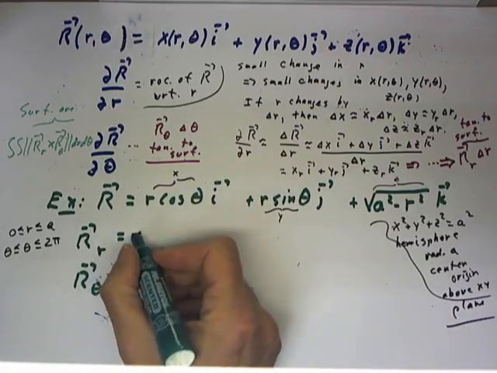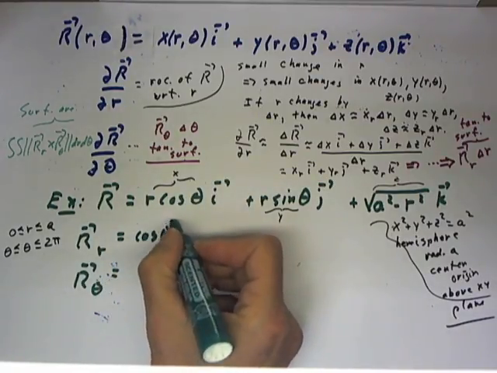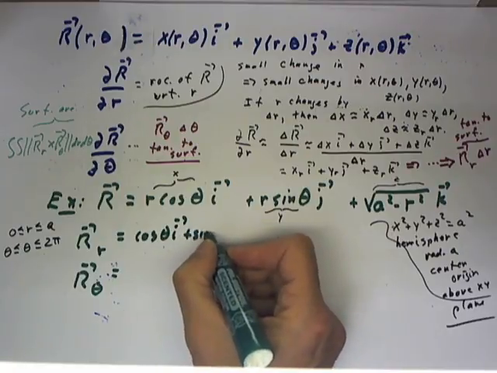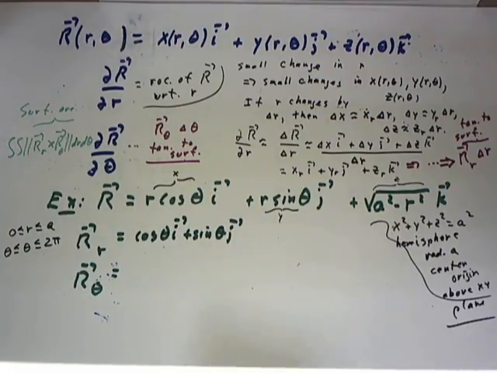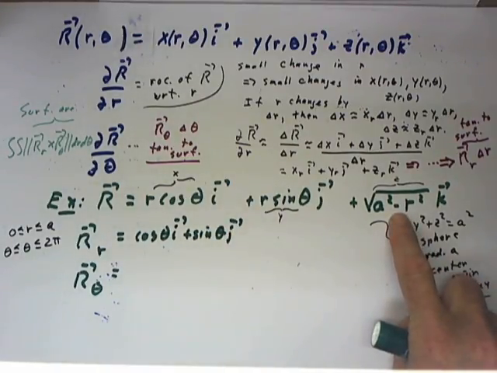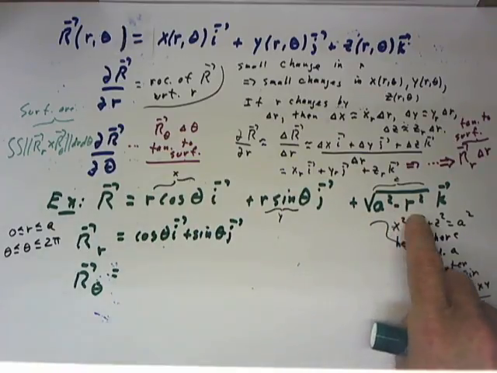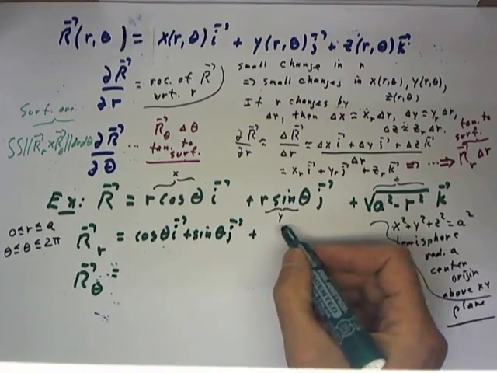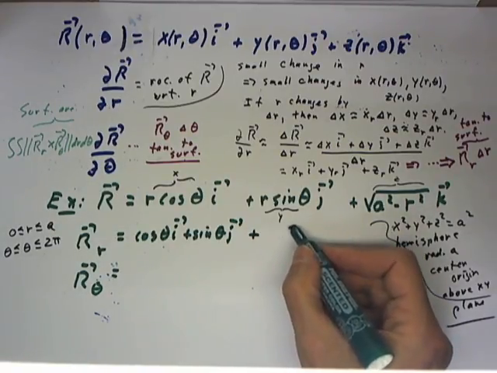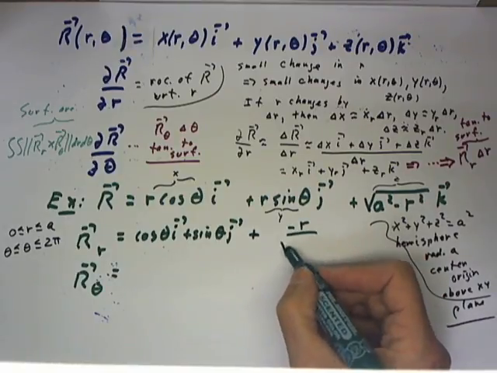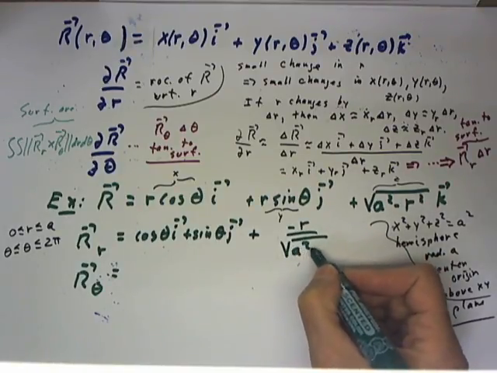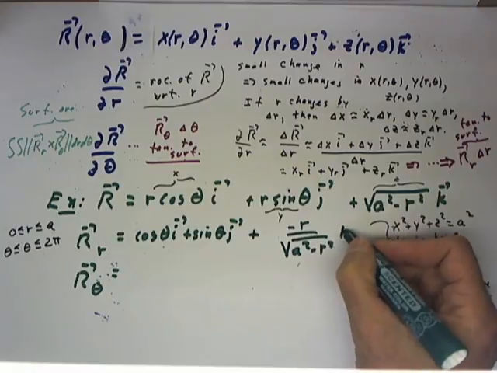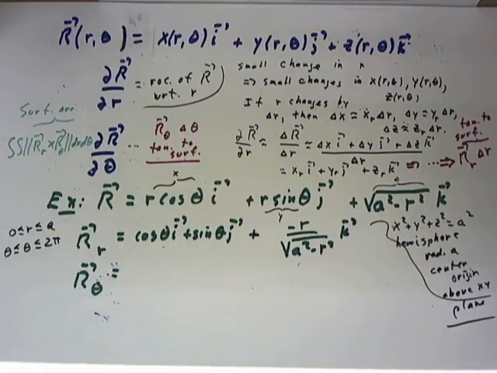We simply get cosine theta i plus sine theta j, and then the derivative of this with respect to r is going to be negative 2r over 2 times the square root, etc., which is then simply negative r over the square root of a squared minus r squared times k.